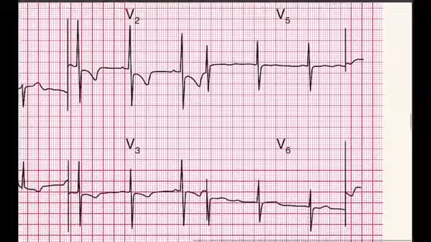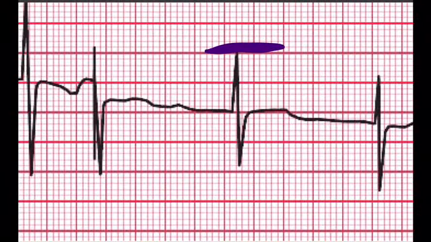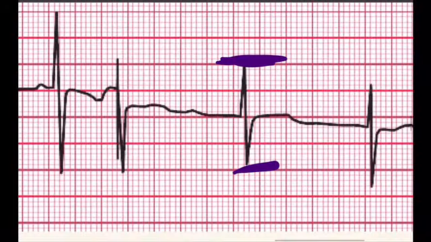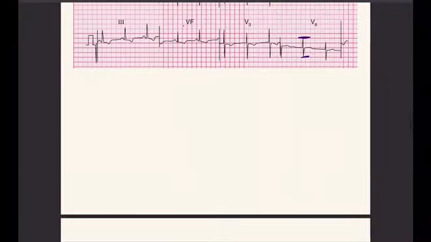Now let's see V6. See this, the R wave now has less height, and there is one S wave which has more height, which has some significance here. So this is the QRS complex in V6. So that is right ventricular hypertrophy, I hope you got my point, what it is and how we see it on the ECG.